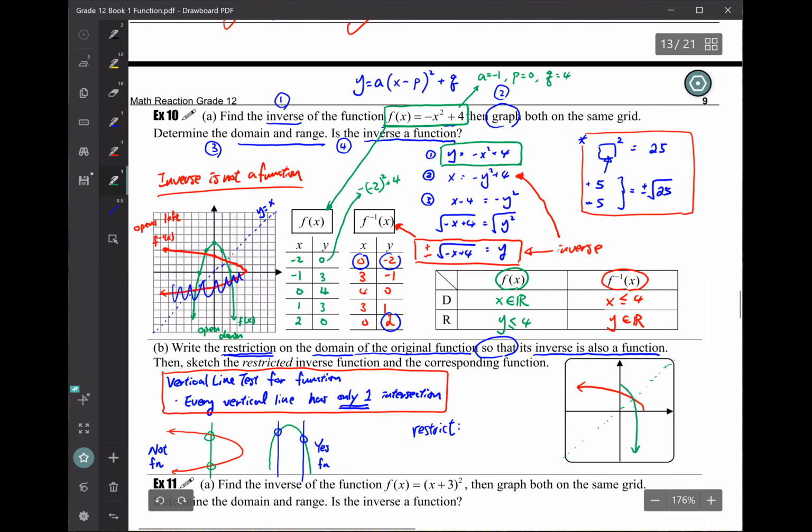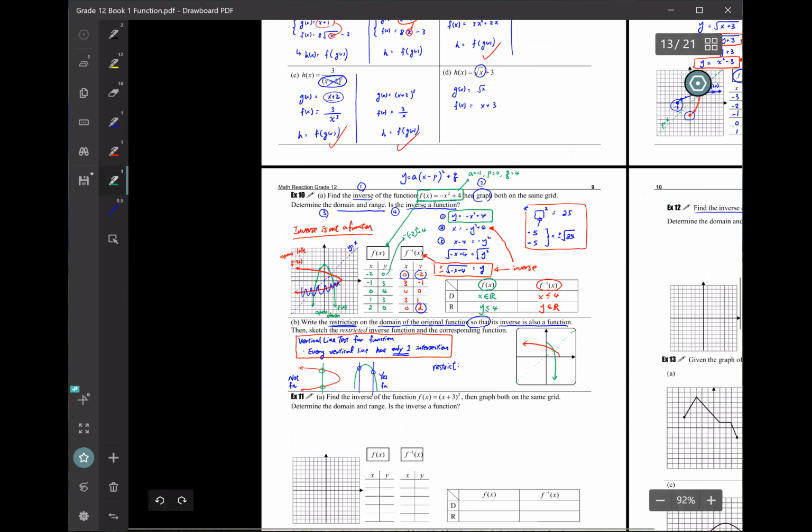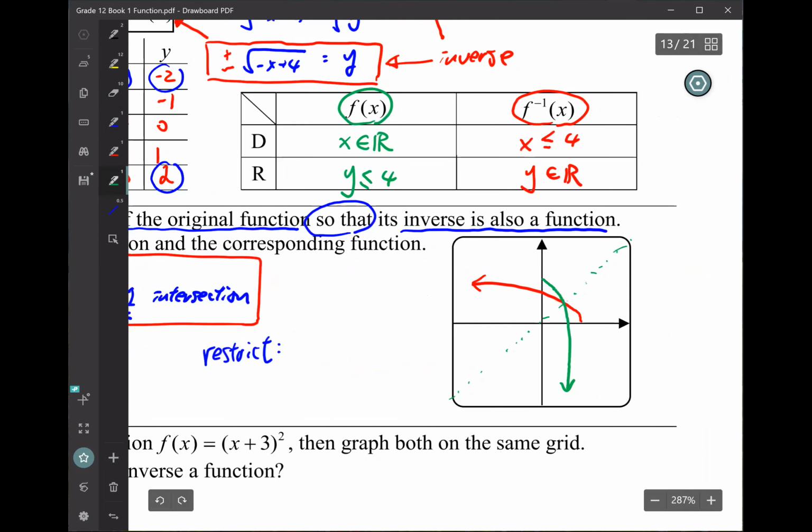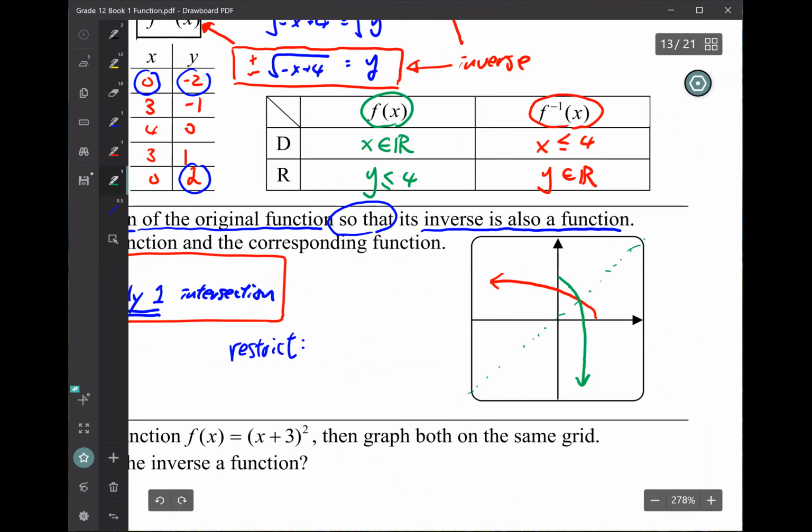If I could turn it, or you can turn your head at an angle, you'll see that this dotted line here is like a mirror, and the upper left looks like the mirror image of the lower right. Does that make sense?